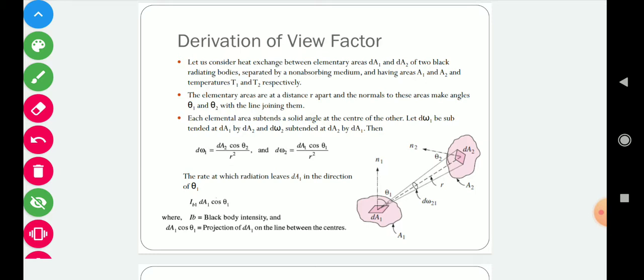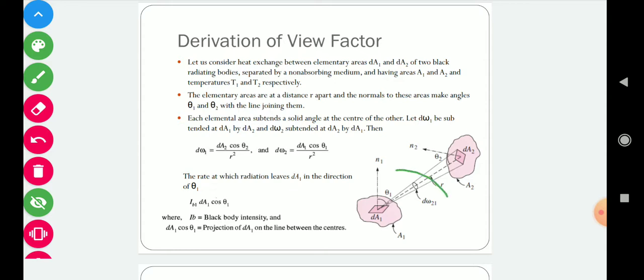The elementary areas are at a distance r apart, this distance is r, and the normals to these areas make angles theta 1 and theta 2 with the line joining them. Now each elemental area subtends a solid angle at the center of the other.